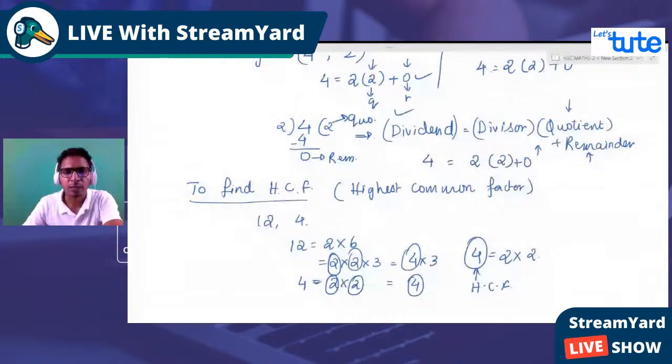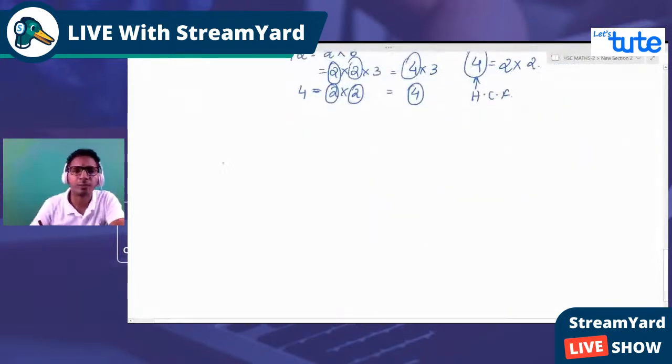Suppose I want the HCF of 420 and 130. So I want the HCF of 420 and 130.